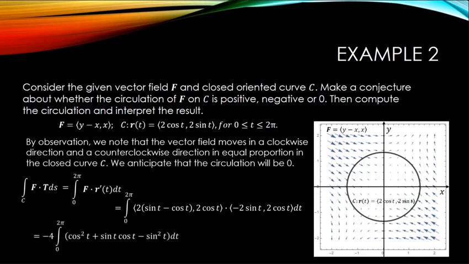This gives me negative 4 times the integral from 0 to 2 pi of the quantity cosine squared t plus sine t cosine t minus sine squared t dt. This gives me negative 4 times the quantity sine of t plus 1/2 sine squared of t evaluated between 0 and 2 pi. When I plug in my limits of integration, my result is 0, so that my total circulation on this oriented curve is 0.